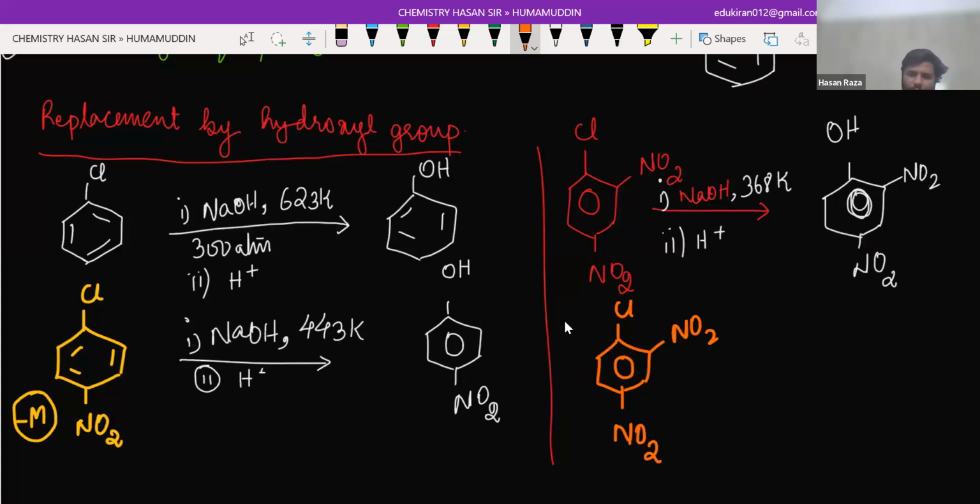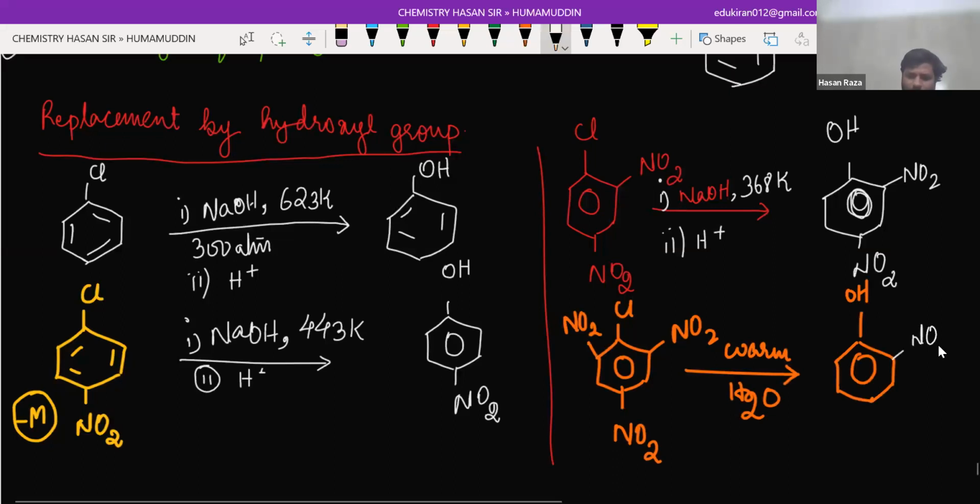Due to these 3 NO2, since NO2 is an electron withdrawing group, you just need to react it with warm water, and this will be replaced. NO2 will be as it is. Please do write it.